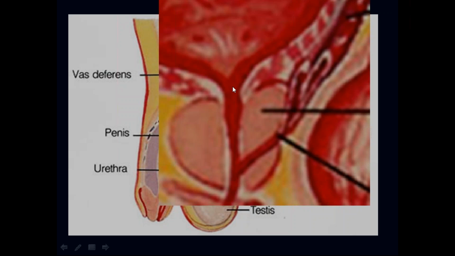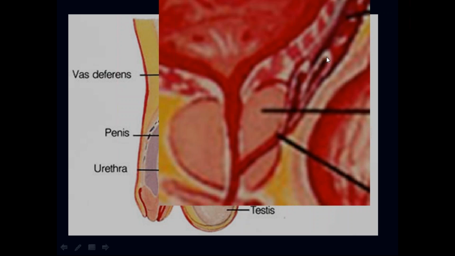When there is ejaculation, there is no way urine will come with the semen. There are valves here that close during the contraction, closing the doors to the urinary bladder, so there is no mix of urine and sperm. So this is the prostatic urethra.